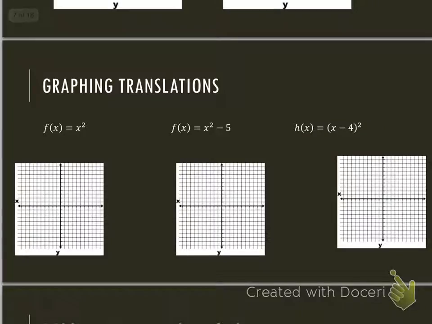Translation. So my generic x squared graph here, my vertex is going to be at 0, 0, so if I graph that 0, 0, right there, I want 2 points to the right of it, so let's do 1 and 2.